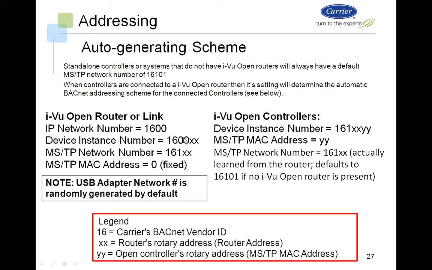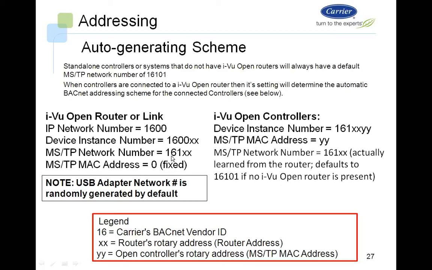So until those rotary switch settings are changed, the open router or link will not have a valid device instance. The MSTP network is also set based upon the rotary switch settings, and that is appended to 161.